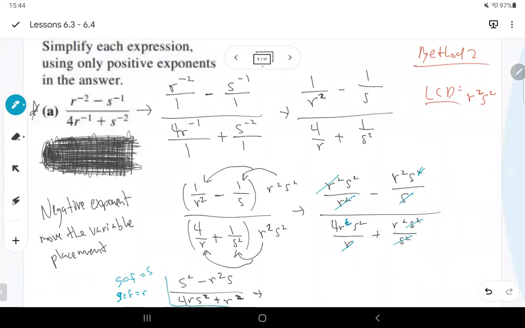So this answer is fine. This answer is probably not needed. Either option there will be fine.